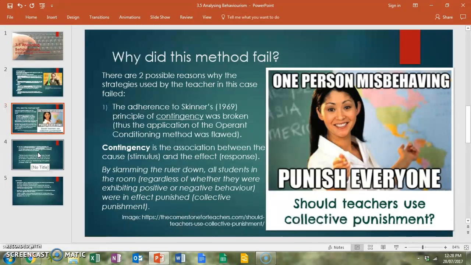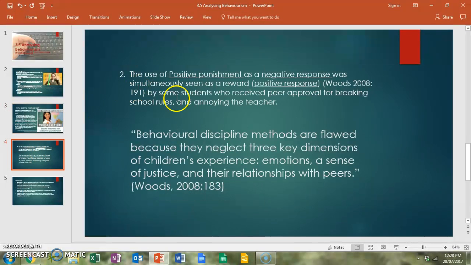The other reason why it might have failed is the use of positive punishment as a negative response was actually seen by some as a reward. This is in line with what Woods in 2008 found when she did a case study on a UK student, I think he was in grade 5.